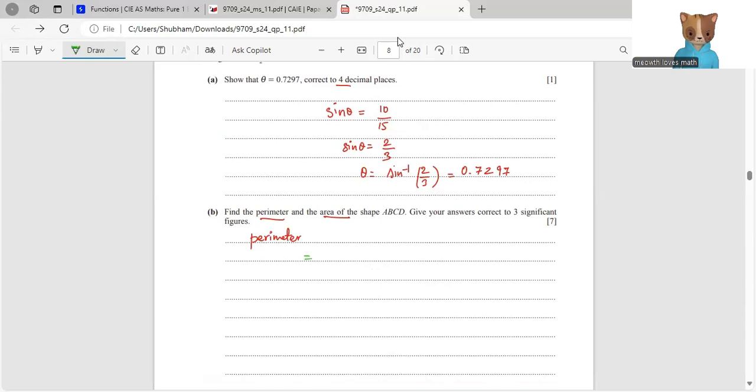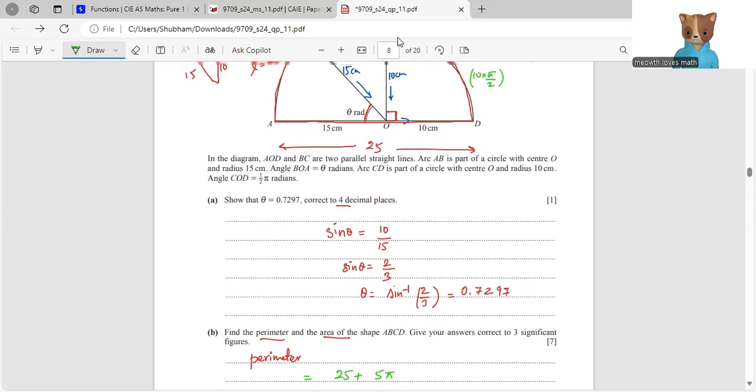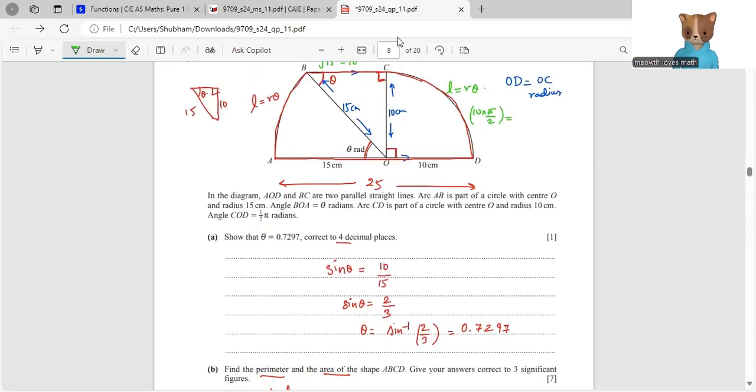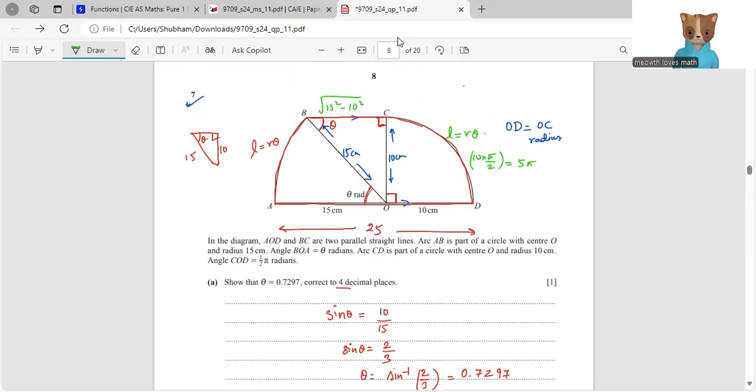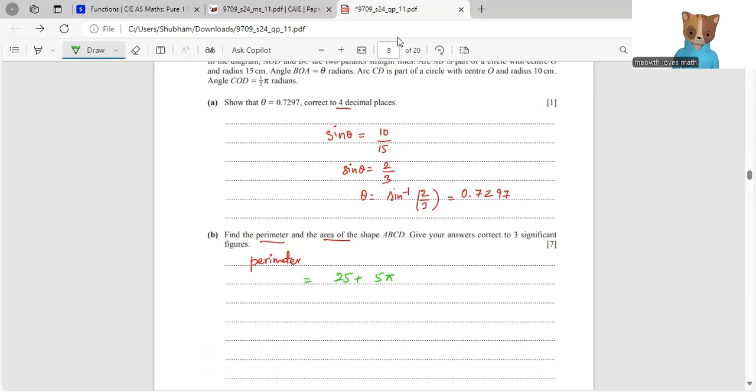So what will be the perimeter? We have 25 plus 5 pi. How I am getting 5 pi is because of this, right? This will be equal to 5 pi, the CD length. And then we have BC, which is 15 squared minus 10 squared under root, and that value is nothing but 5 root 5. Okay.